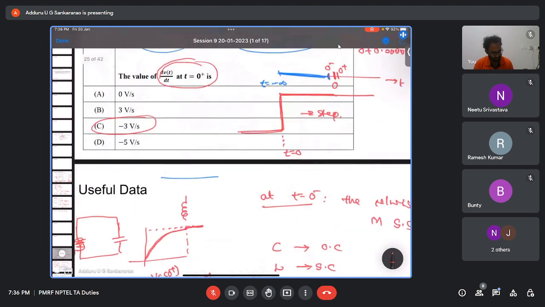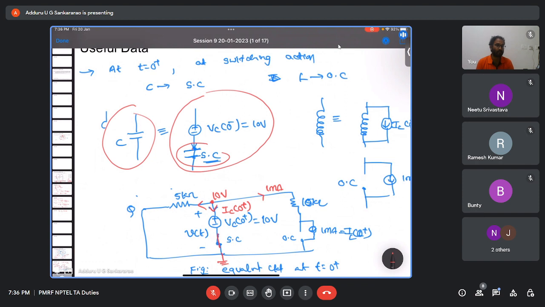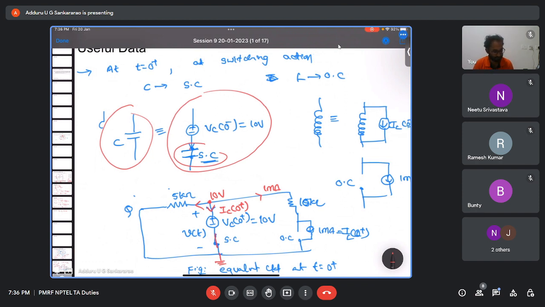Now we can replace them with their equivalent circuits like this. At the time of switching, the capacitor resists the change in voltage across it, so it acts as a short circuit. So at switching action, you can replace the capacitor with a short circuit. If there is an initial voltage across the capacitor, then you have to keep it in series.